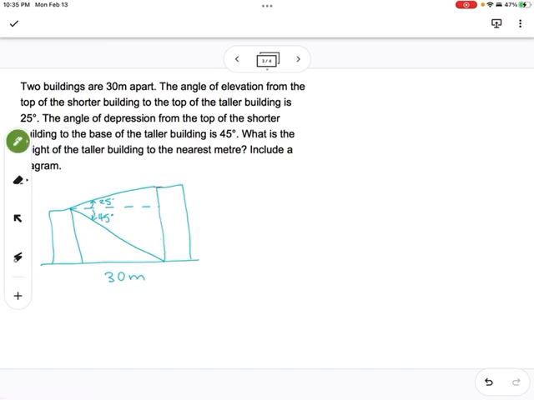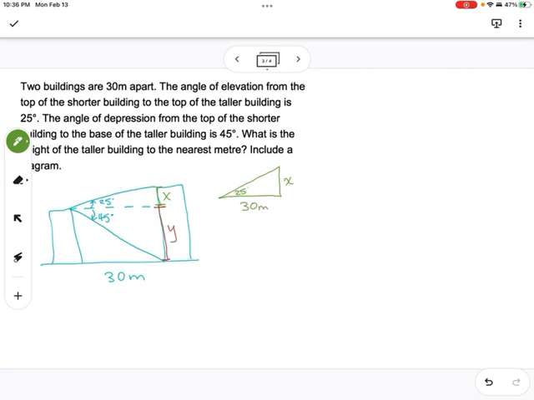So we need piece X and piece Y put together. Looking at the first triangle, the top piece, we have 25 degrees. We want to find X, and between the buildings is 30 meters. So this is 30 meters here.